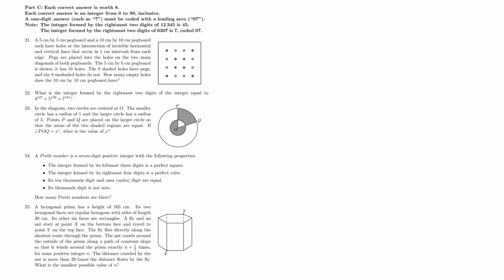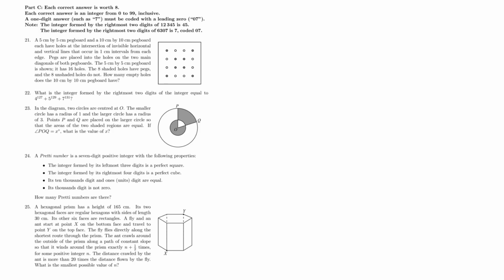Number 21. A 5 by 5 pegboard and a 10 cm by 10 cm pegboard each have holes at the intersection of invisible horizontal and vertical lines that occur at 1 centimeter intervals from each edge.